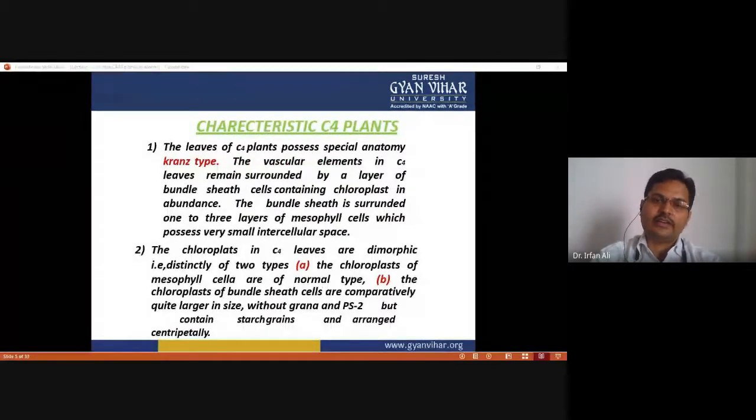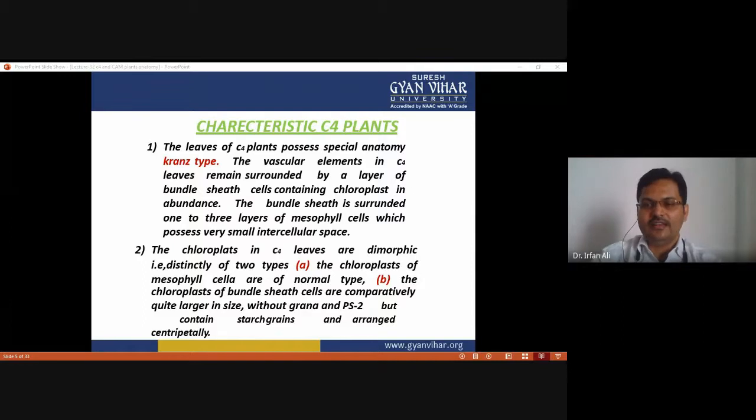So what are the anatomical features in C4 plants which carry out the C4 cycle? The leaves of C4 plants possess special anatomy, which is different from C3 plants. This special anatomy of C4 plants is called Kranz anatomy, or Kranz type.